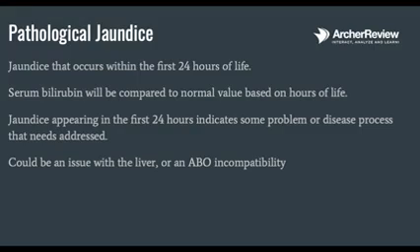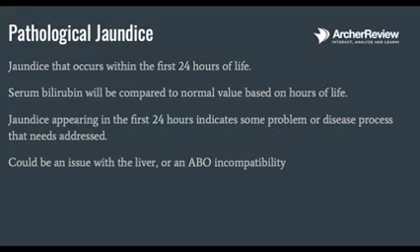Some of the things that could be going on that can cause pathological jaundice are innate issues with the liver. Maybe the infant had liver problems in utero, some congenital anomaly that causes problems with the liver. And in that case, they would already have elevated bilirubin going into their life. So we might see pathological jaundice in the first 24 hours.